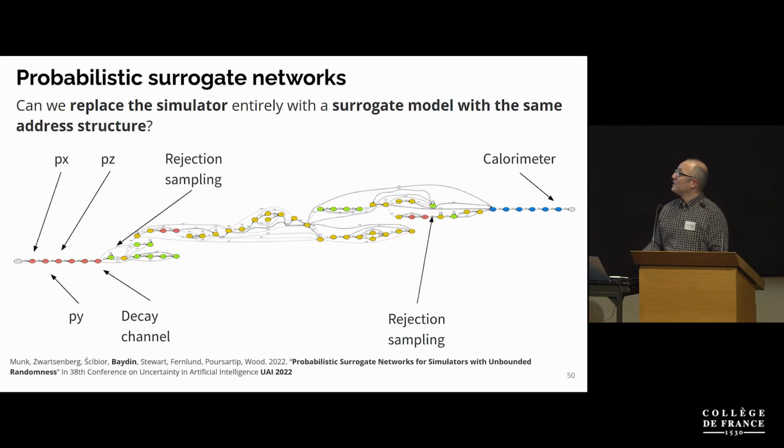So that's one extra benefit you can get from this type of thing. One extension you can think about is that this structure actually looks very interesting. Can you do other things with this? For example, can you use this as a substrate on which you can construct deep learning models that approximate the behavior of the simulator while keeping the same address space and the same structure?